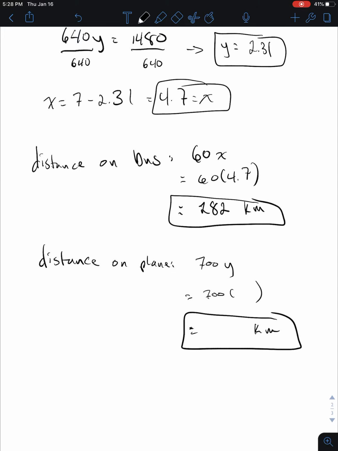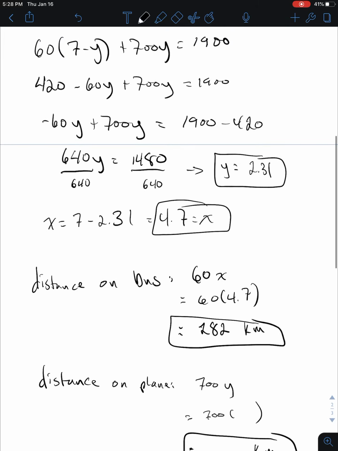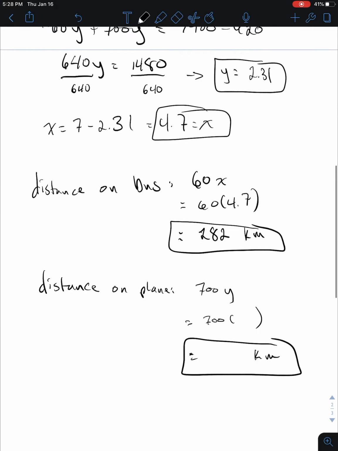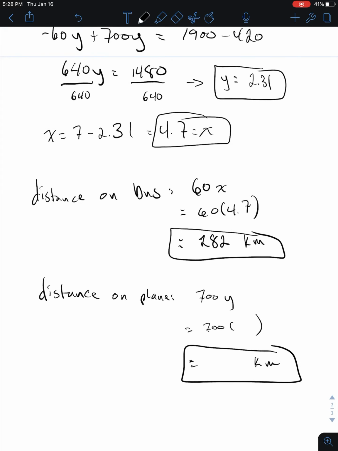Well, it should still work. So 60 times 4.7, but what's the y value? I got to plug in 2.31. So 700 times 2.31 is 1617.